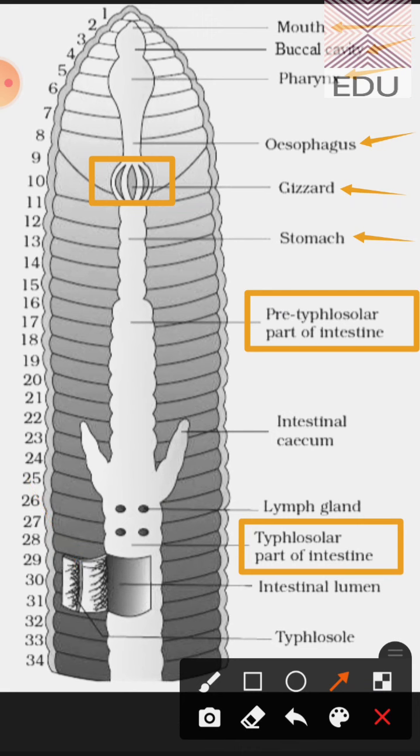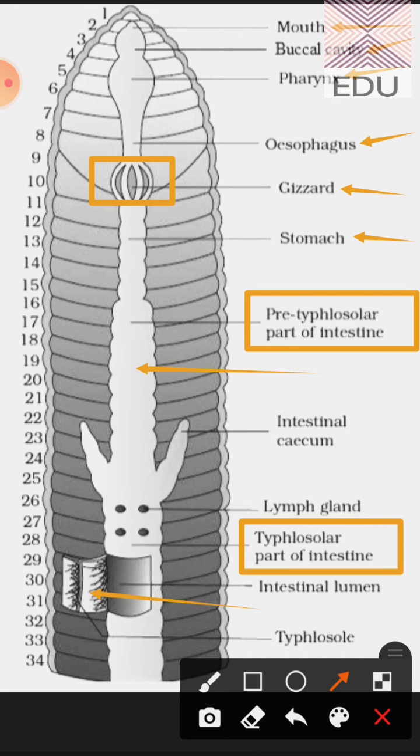The part of the intestine which has this particular Tiflosol is called the tiflosolar part of the intestine. That means the pre-tiflosolar part is not having this hanging.